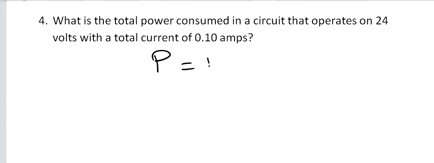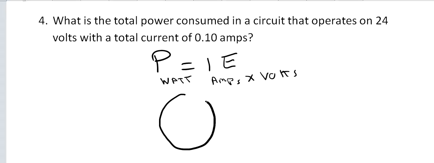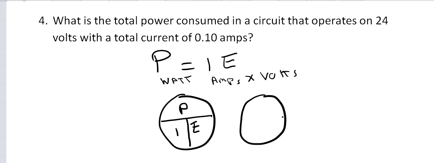And to review, P equals I times E, it spells pie, and that says that the power, which is measured in watts, is going to be equal to the amps in that circuit times the volts. And we could again use this by drawing a circle and filling in the blanks. And we apply that circle to our problem now.